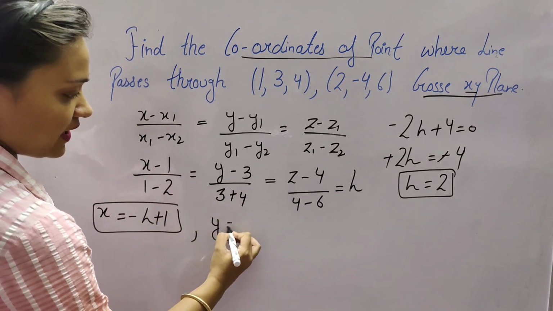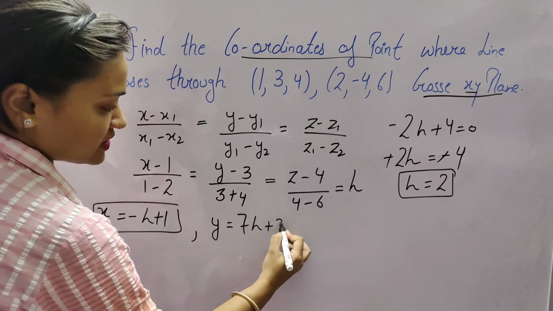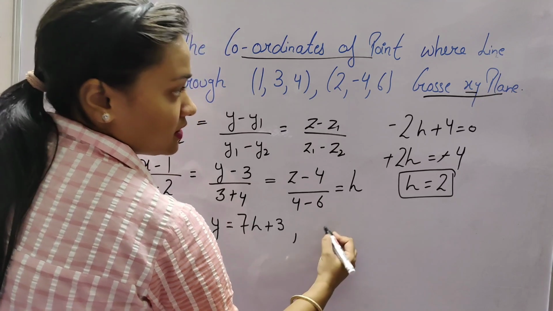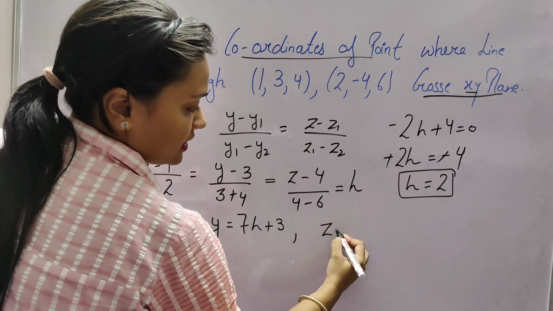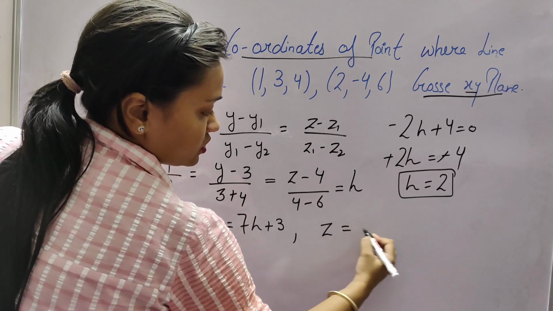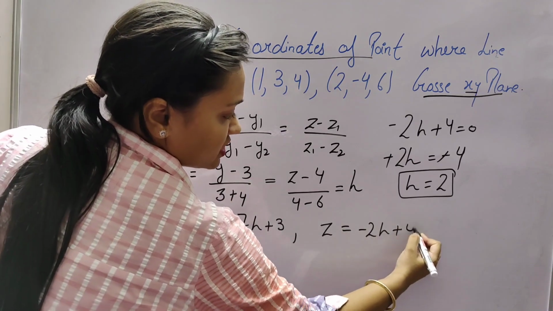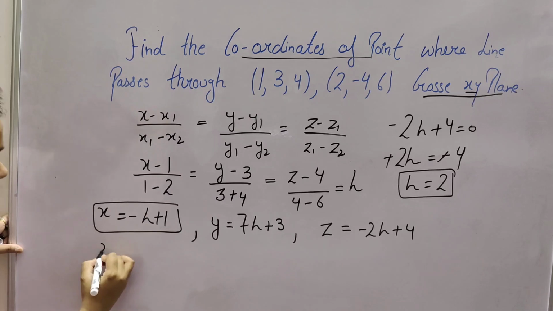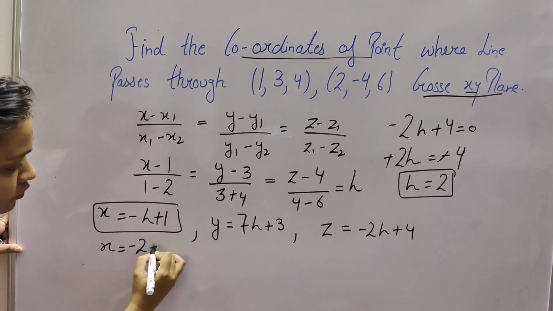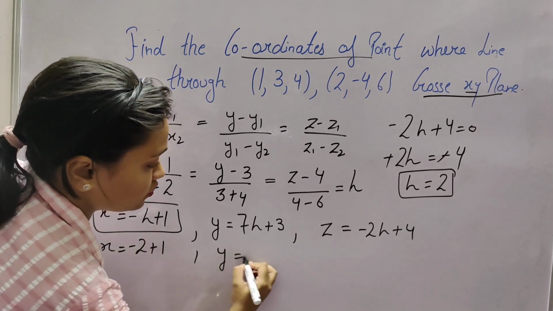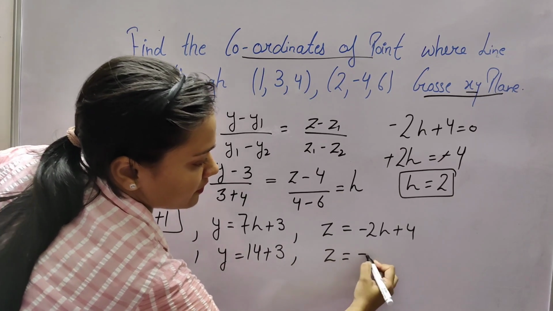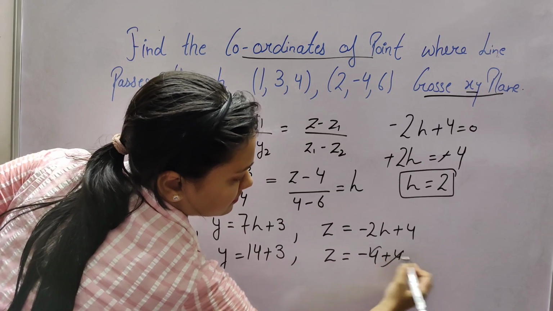Same is the case with y, 7 alpha plus 3, and z we have already calculated: minus 2 alpha plus 4. This is the value for z. Now putting the value of alpha as 2 here, x equals minus 2 plus 1, y equals 14 plus 3, and z equals minus 4 plus 4, where the value comes to 0.